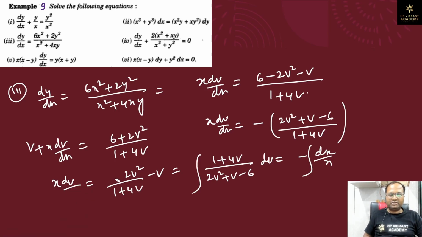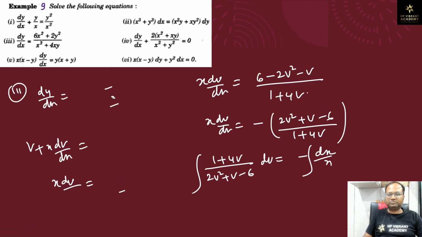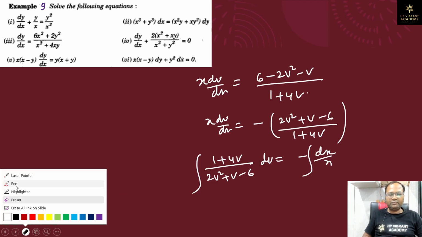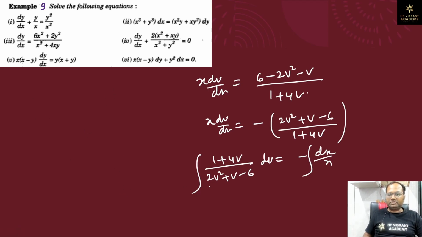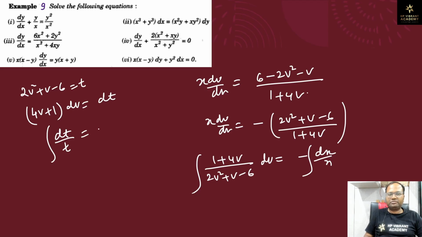So let us take 2v square plus v minus 6 as t. So (4v plus 1) dv is equal to dt. So integral of dt upon t is equal to minus integral of dx upon x. So log of t is equal to minus log of x plus log of c.